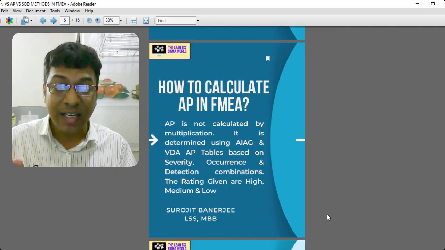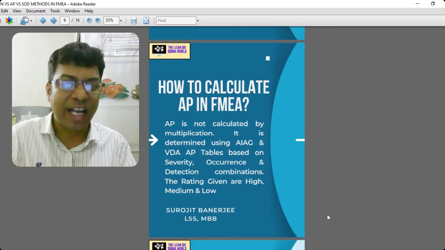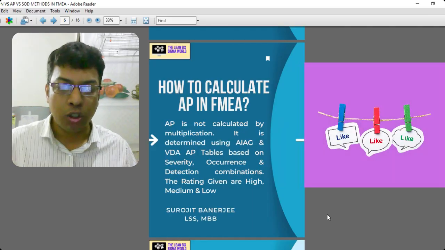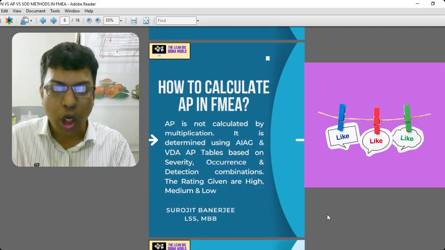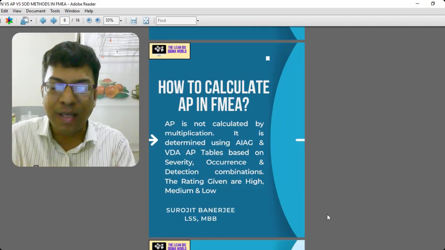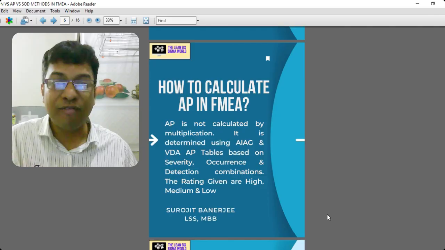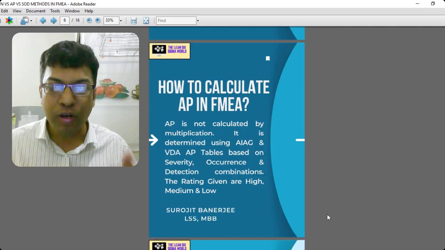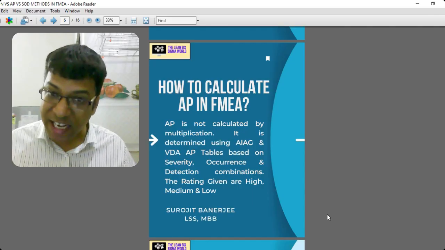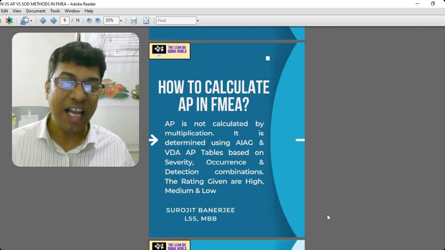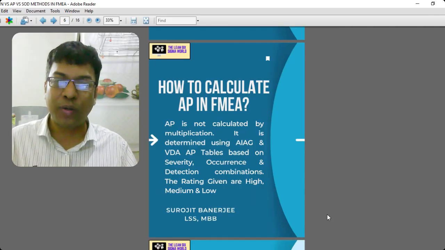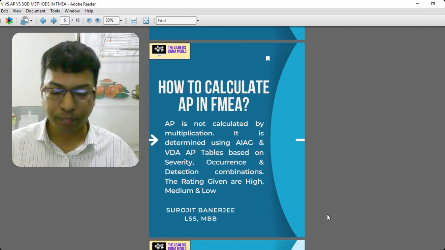It is given as a categorization: it can be high, medium, or low. Based on the severity, occurrence, and detection, you go to the action priority table and find out the category for your action priority, whether it is high risk, medium risk, or low risk. That is how you calculate action priority.